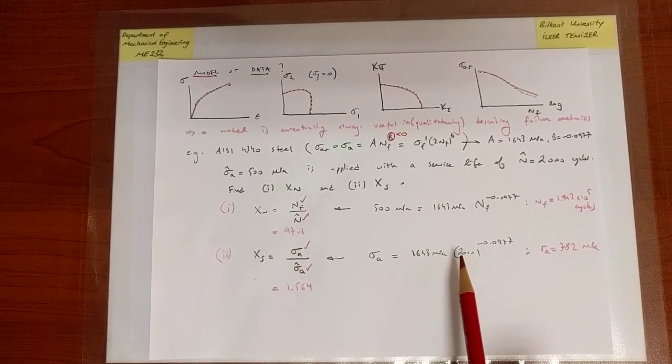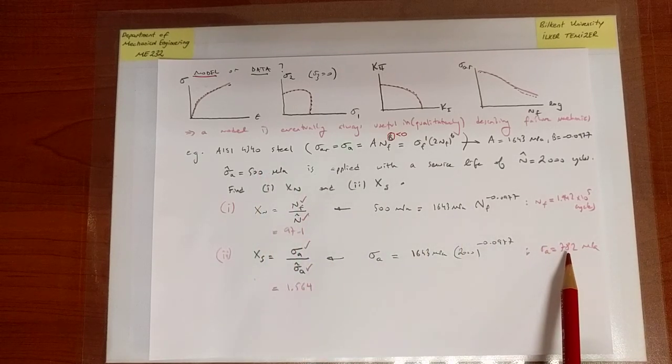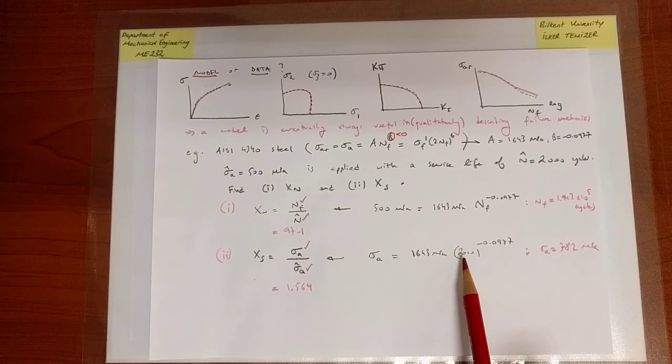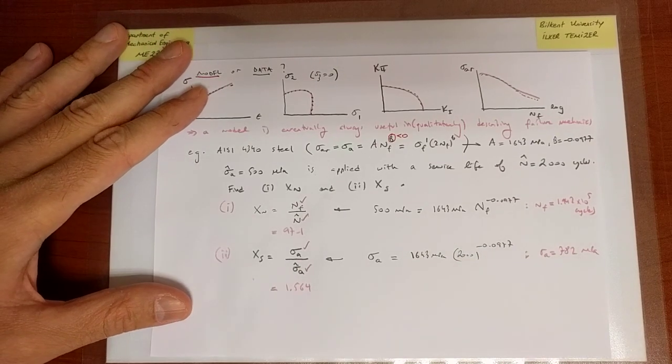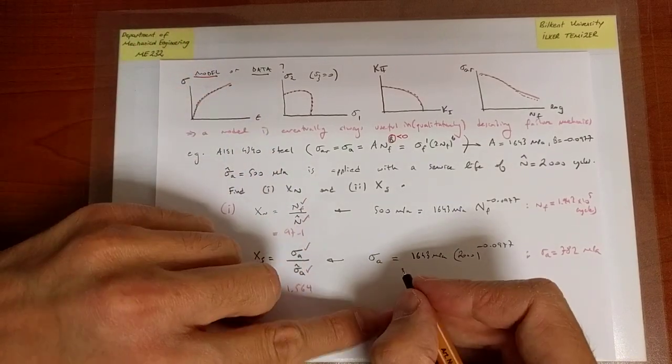So in other words, small changes in the stress, a change from 500 to 782, lead to very, very large decreases in the life, from this large value to a value of 2000. And this is not a surprise. This is directly something we observe from the nature of the stress-life curve.